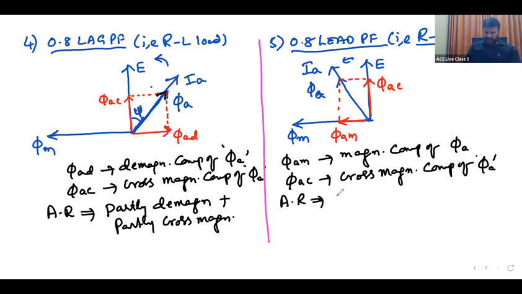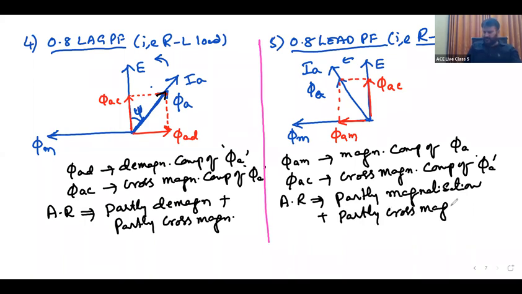So armature reaction is partly magnetization plus partly cross magnetization. So this is armature reaction in the case of a generator, alternator, whatever we have seen. For lagging power factor, demagnetization; for leading power factor, magnetization.